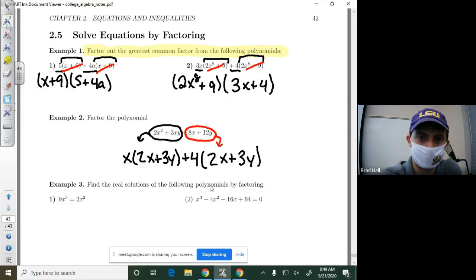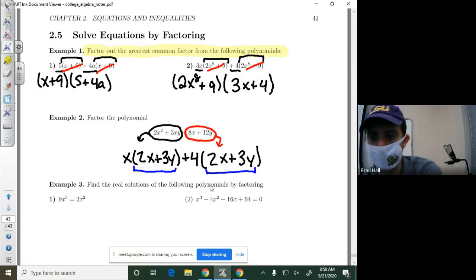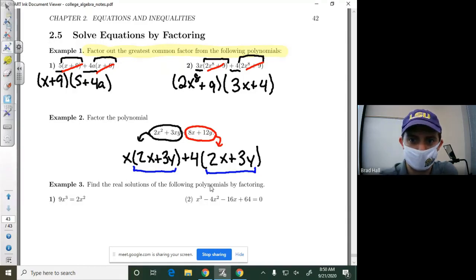And this is good because we want what's left over to be the exact same. That is not a coincidence. And then it just reduces to a problem that we had in example 1 up here. Notice it's the exact same problem now as if this was an example 1 problem.